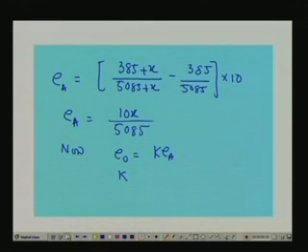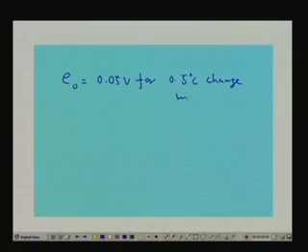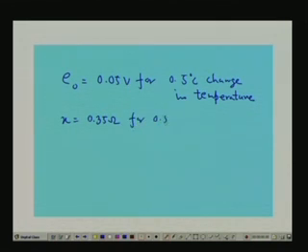Now, EO equal to 0.05 volt for a 0.5 degrees centigrade change in temperature, and X equal to 0.35 ohm for again a 0.5 degrees centigrade change in temperature.